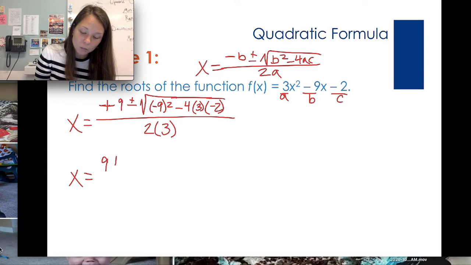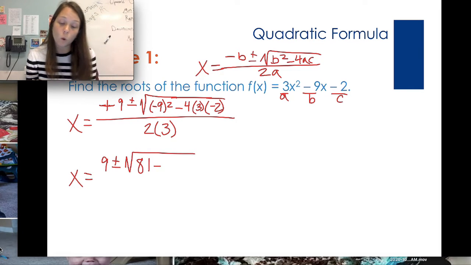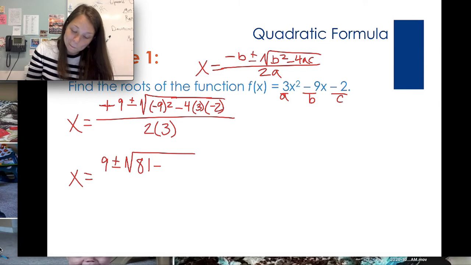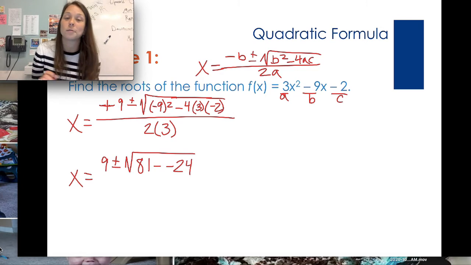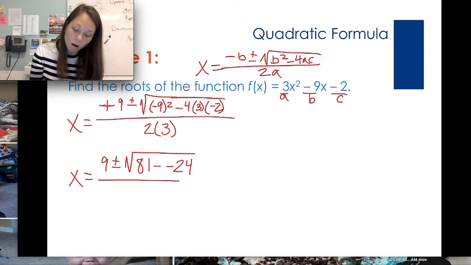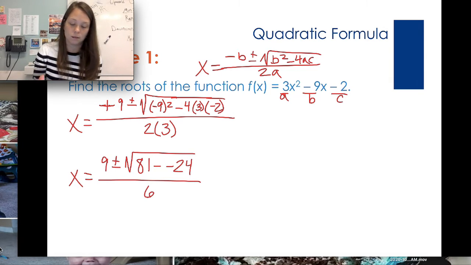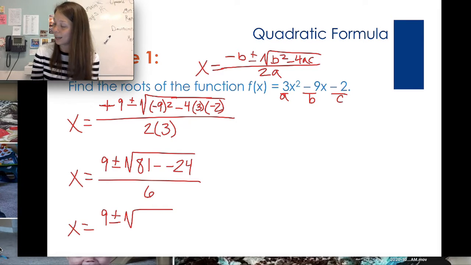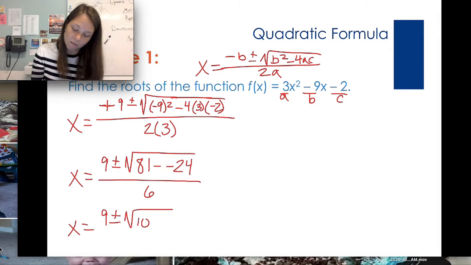So I have 9 plus or minus the square root of 81 minus 4 times 3 times negative 2, which is negative 24, all divided by 6. Continuing to simplify a little bit, I get 9 plus or minus the square root of 81 minus negative 24 is 105, all over 6.